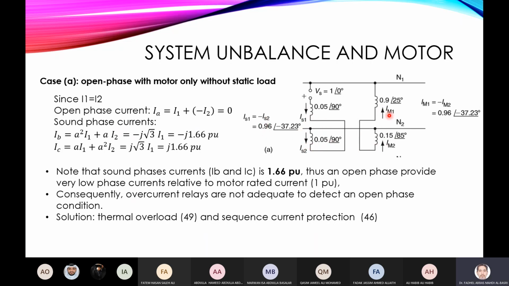Okay, and similarly for the positive and negative sequence current of the motor.